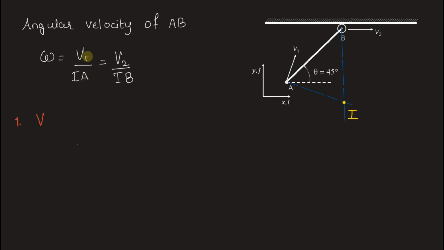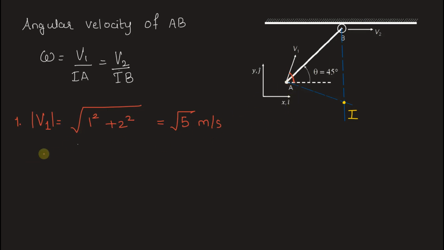To calculate the magnitude of v1, it is given in vector form, i plus 2j. That means the horizontal component is 1, vertical is 2. We can find the magnitude of v1 to be under root 1 square plus 2 square, which is nothing but root 5 meter per second. Now for the direction of v1, that means this angle we need to find, the red angle.